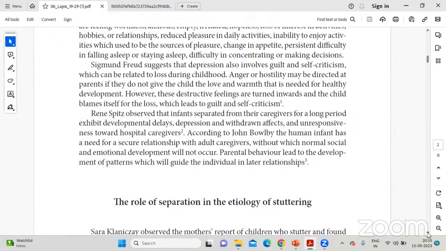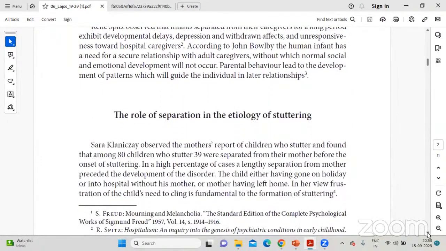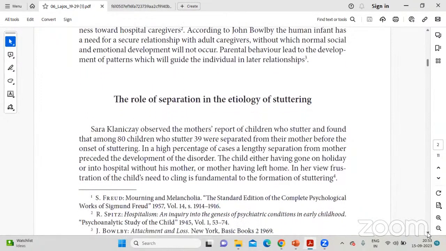All right. Then they talked about the role of separation in the etiology of stuttering. So why does stuttering develop in the first place? They talked about different research studies where they showed that separation from the mother can be an important or influential factor leading to the child stuttering at a later stage.